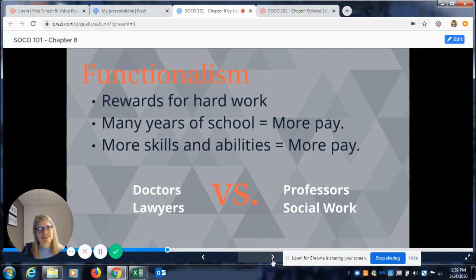But next is college professor. When we're talking about the university level, those instructors have PhDs. If you look at their salary compared to a doctor or a lawyer, especially lawyers, university professors have way more schooling, but the pay doesn't equal it.